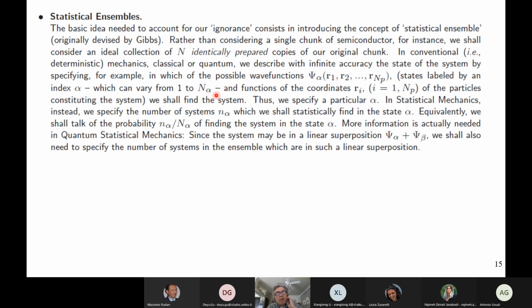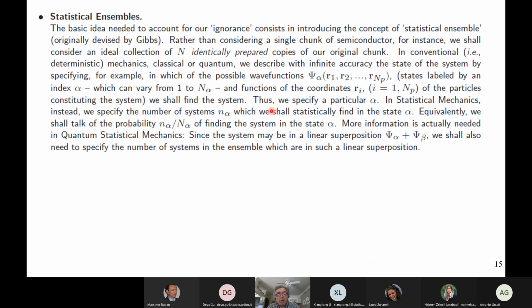So instead of considering, for example, a single state, we consider a large collection of N, a large number, of identical prepared copies of our original chunk of semiconductor, for example. And instead of specifying the state by a particular wave function psi alpha, we simply say what is the probability that the system will be in that state, which means how many of these N replicas in the ensemble are in that particular state.